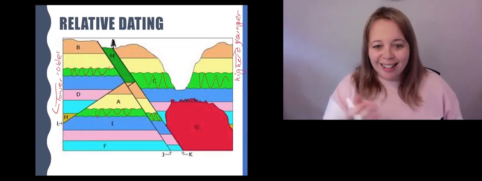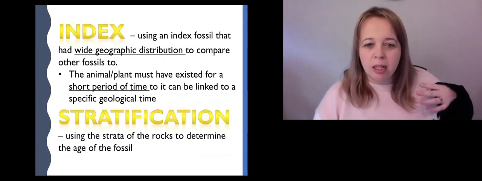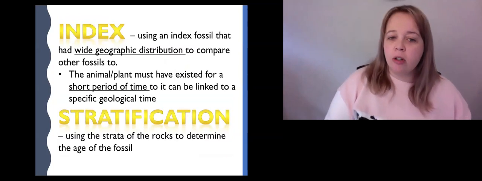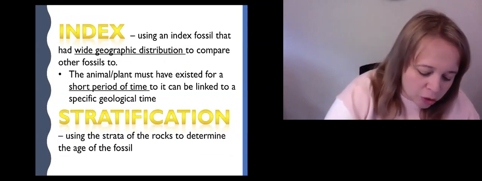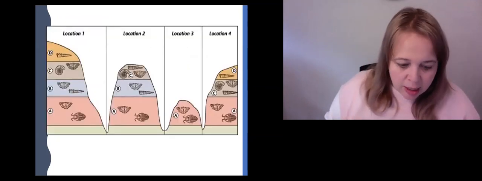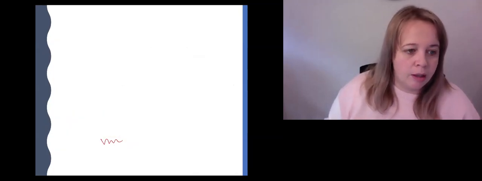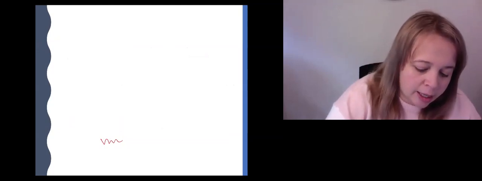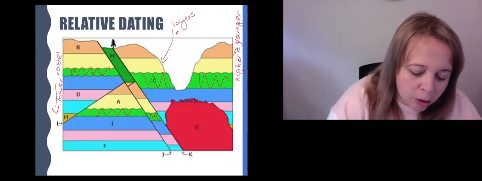So you can look at the layers, and what we call this is stratification. Sometimes you'll see questions talking about relative dating, and they use the process called stratification. So this is using the strata of the rocks. These layers here are called strata.